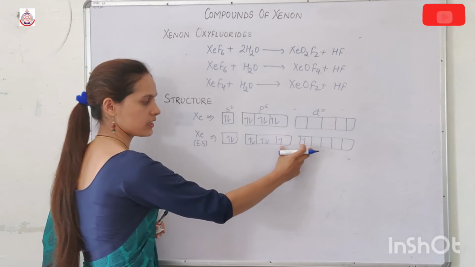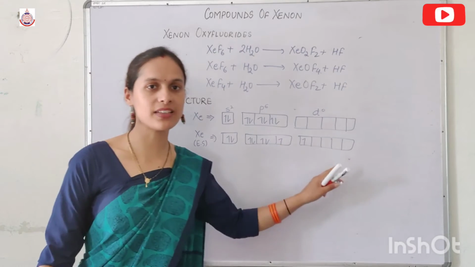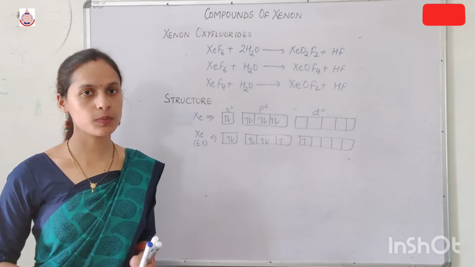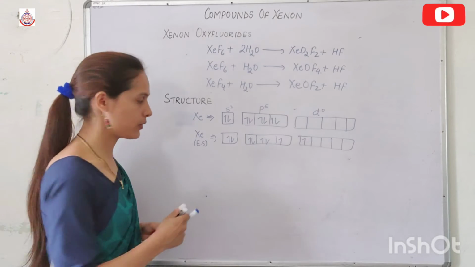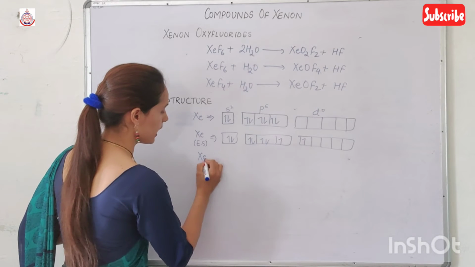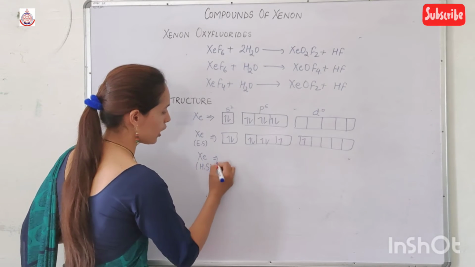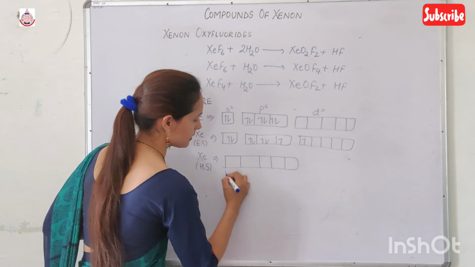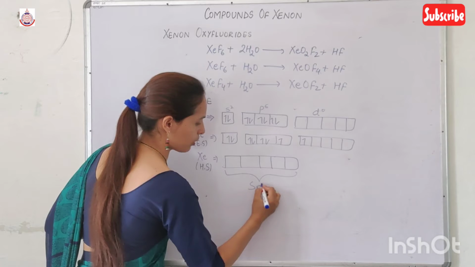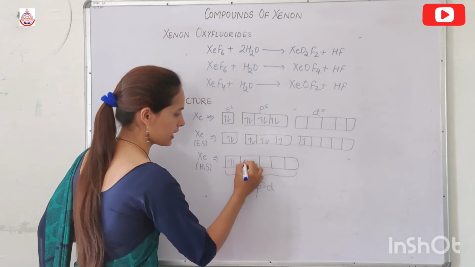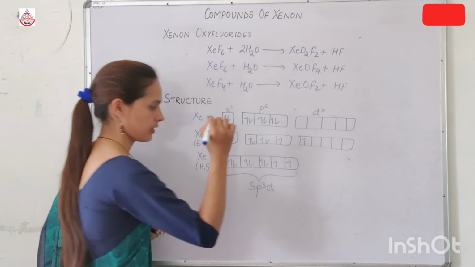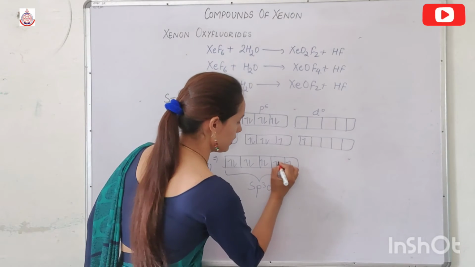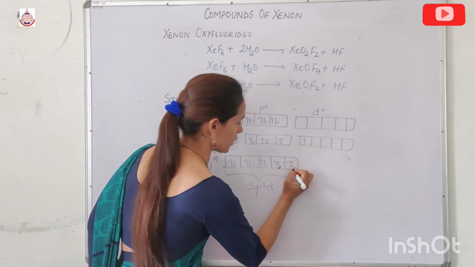These two combine with the coming fluorine, as a result of which the hybridization becomes sp3d. In the hybrid state we get 5 hybrid orbitals, named sp3d, containing 8 electrons, and 2 electrons are there from the fluorine.